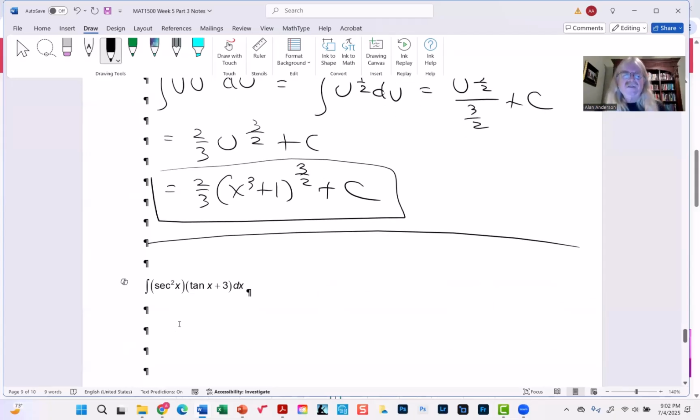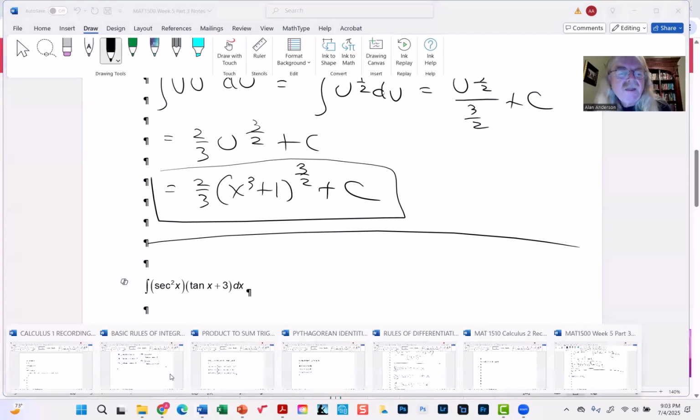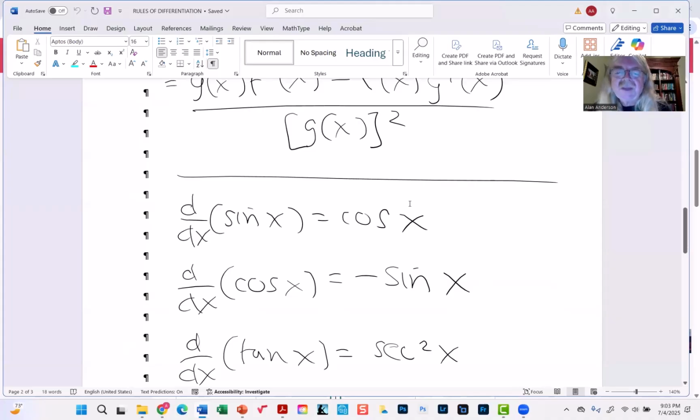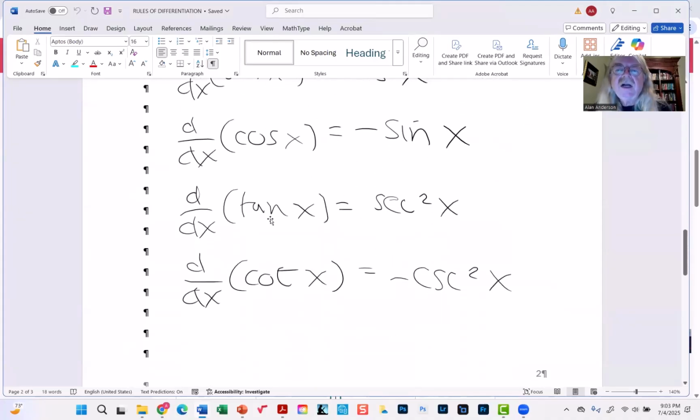Why don't we go back and revisit our charts or tables to remind ourselves if the derivative of either secant squared of x equals the tangent, or maybe it's the other way around. So let's go back to our list of differentiation, the one I put on Brightspace, and this is all we needed to know.